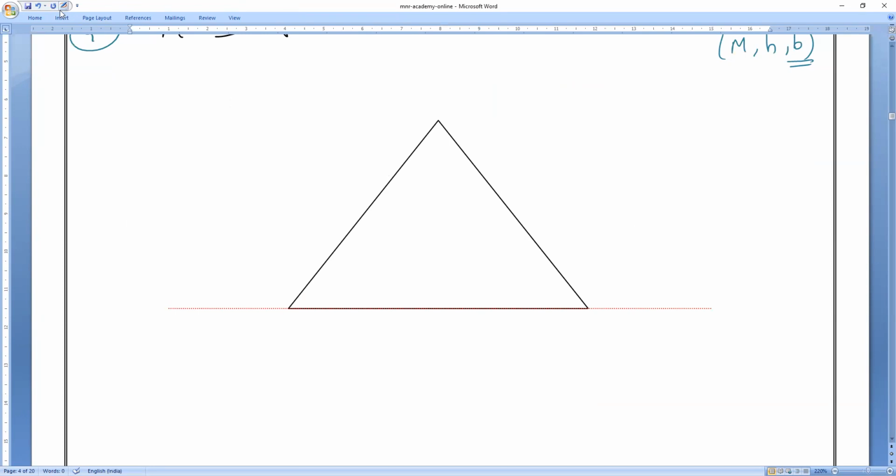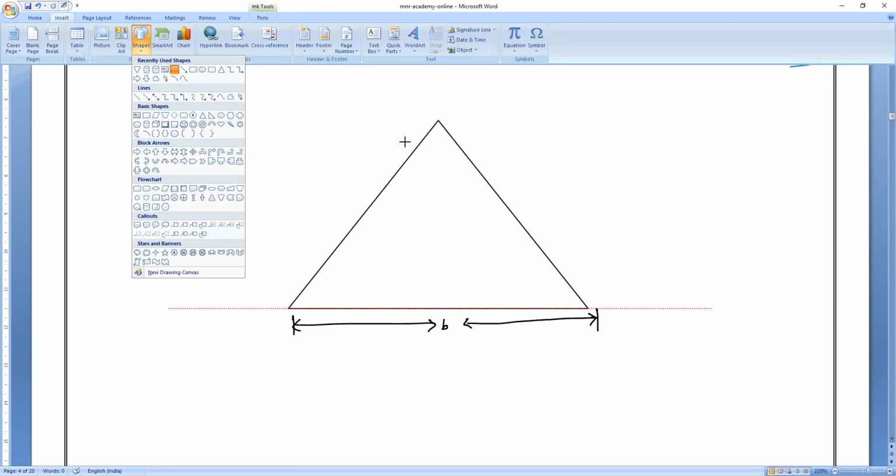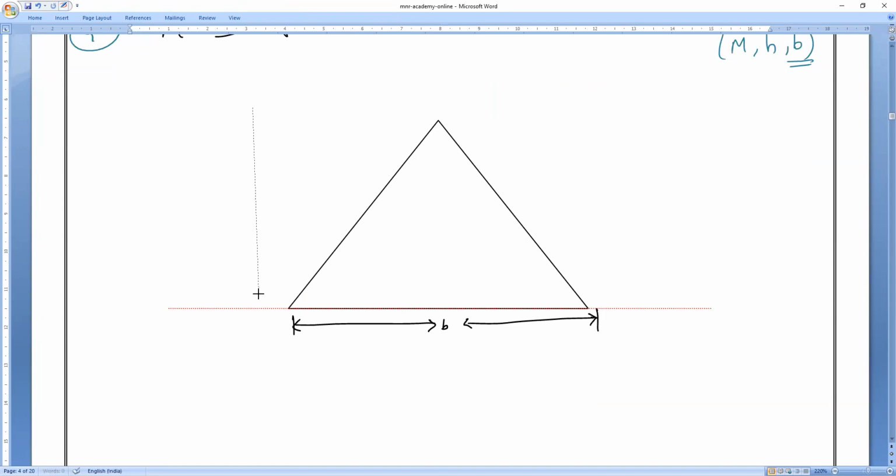The base is B, this is the base of the triangle, and the height of the triangle is H. What is the height of the triangle, everybody? H. Now we want to find the moment of inertia. Shall we start?